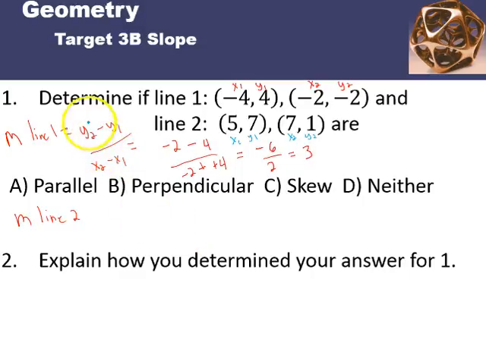And remember, again, the formula is right here. y2 is 1, so 1 minus y1, y1 is 7, over x2, x2 is 7, and then the formula says minus, so I have to subtract x1, which is 5.